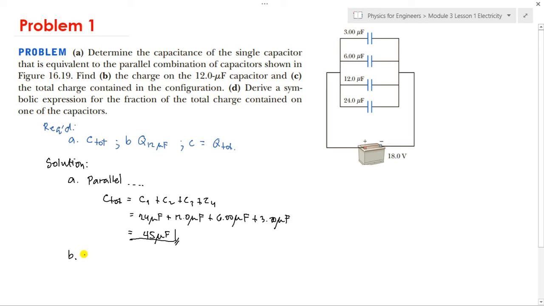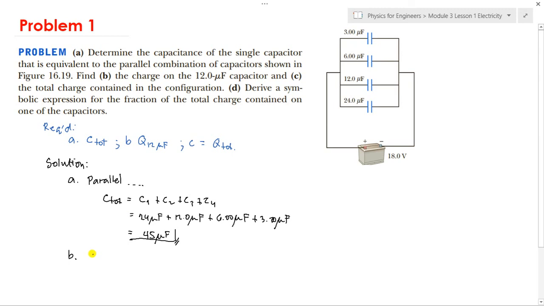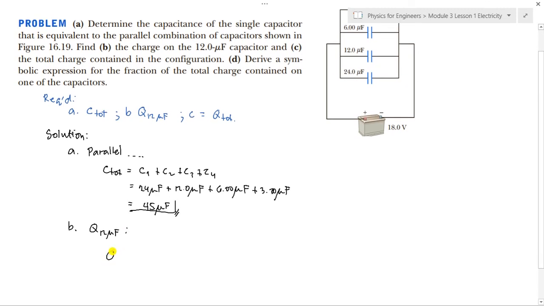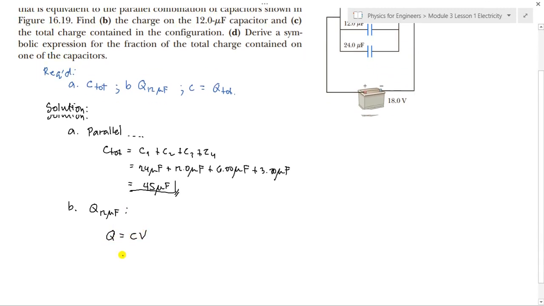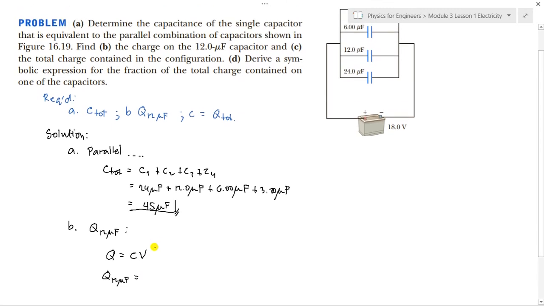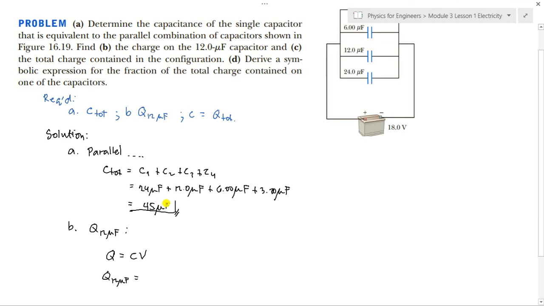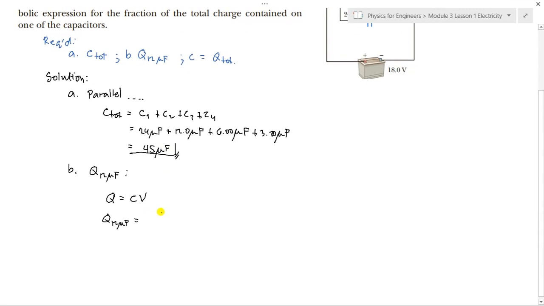For letter B, the charge at 12 microfarad. So Q at 12 microfarad. We all know that Q is equal to CV. That is, Q at 12 microfarad is equal to the capacitance there times the voltage. Since this is parallel, the voltage on every capacitor is just the same as the source, that is 18 volts.